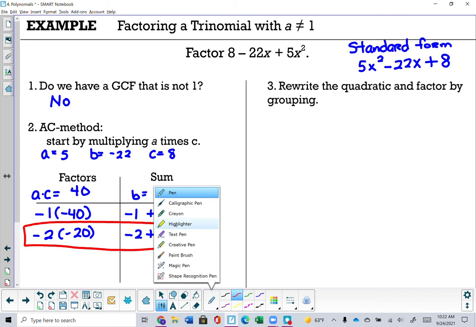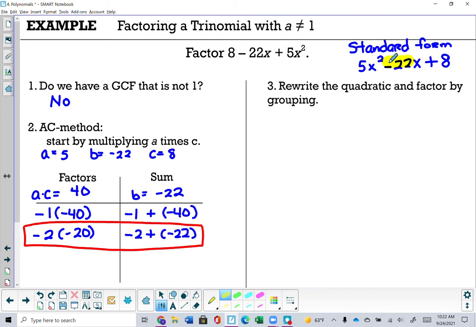Okay. So now we need to rewrite our quadratic, our polynomial. So we get 5x squared. Now we're rewriting the -22x as minus 2x, and then minus 20x plus 8.